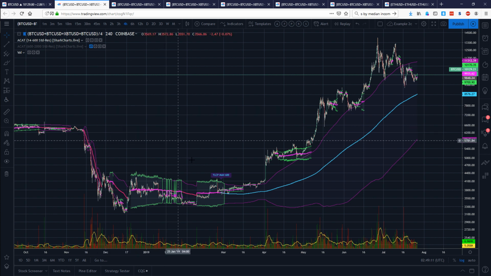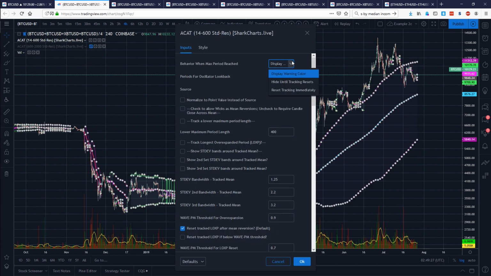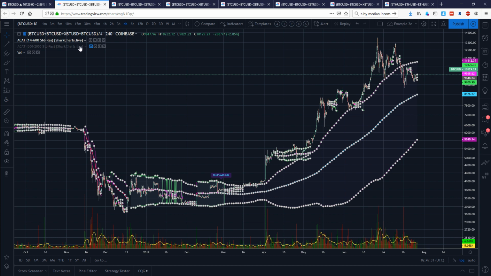So it's not too surprising that it then maxed out the compression that happened in response to that. So if you see this, please either move to a higher time frame or set this band to hide until tracking resets and turn on the higher period length bands.